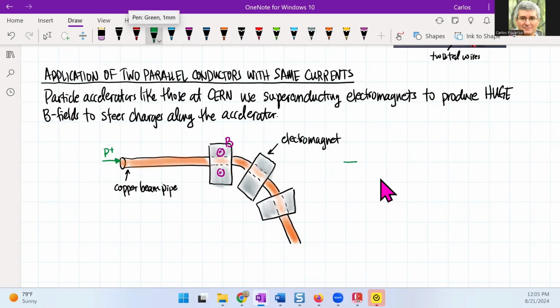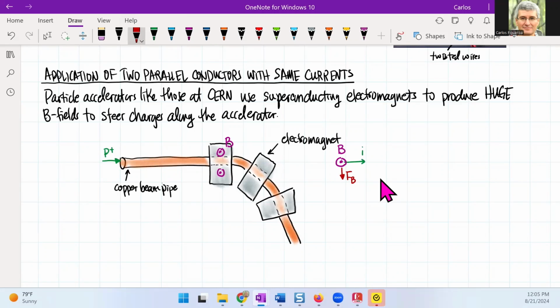I have a beam of protons coming in, right? So that's going to be my current. I have a magnetic field right here. Then my force, as we can see here, is going to be in this direction right here. That's going to be my magnetic force.